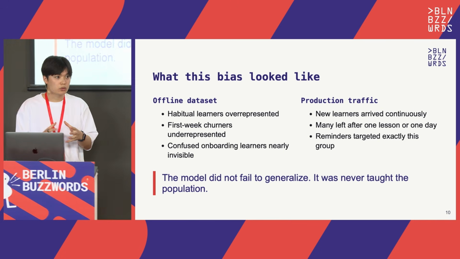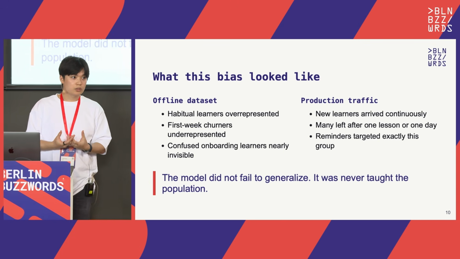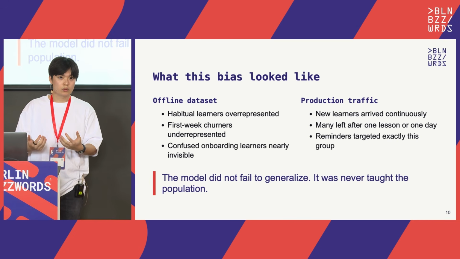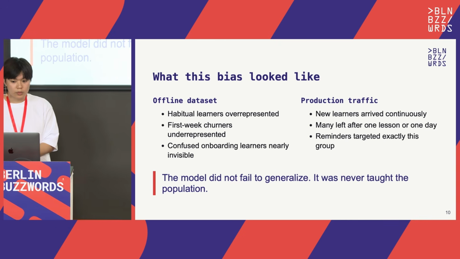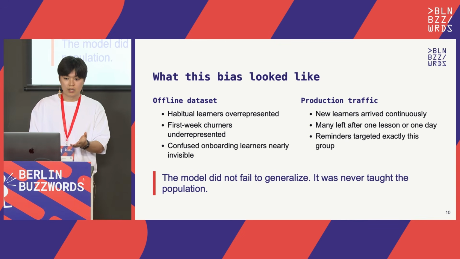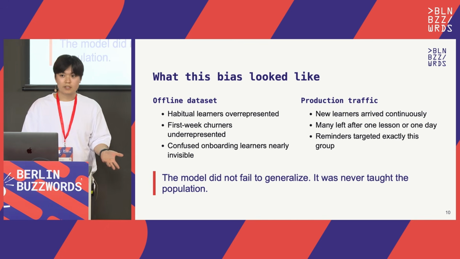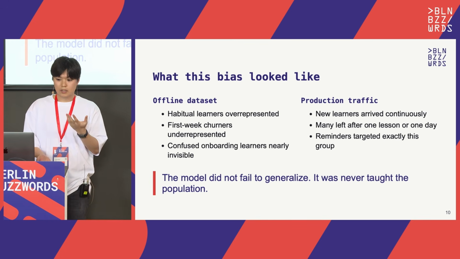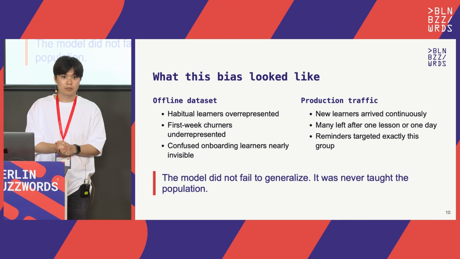This is the group of early churners that our product wanted to help return to the app by pushing notifications and giving special offers. However, the model hadn't seen this group. The model didn't fail to generalize; we just never showed it this population.